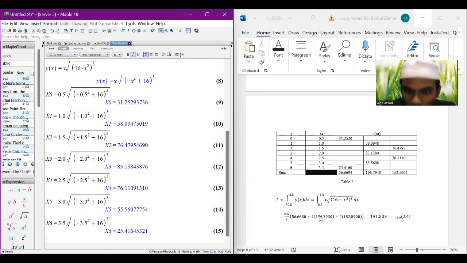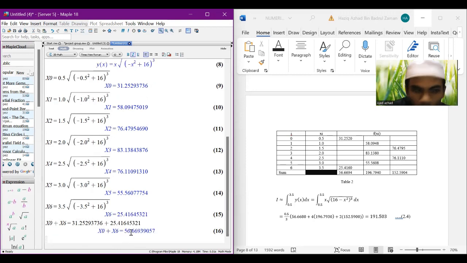Next, we will use the same summation calculation. We need to add x0 and x6, so x0 plus x6, and you get the same value here.